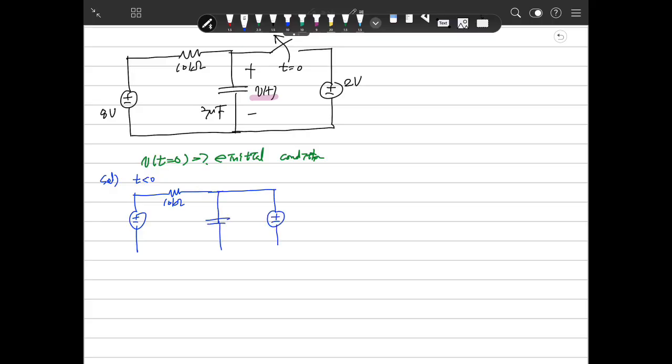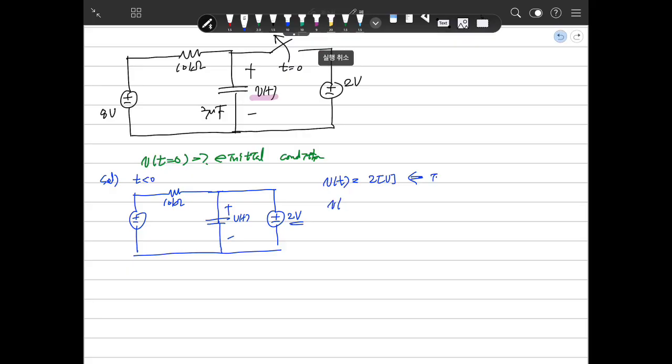There are 2 volt here. We don't need to get the solution over here, but we just need to know where the Vt will be. This is Vt. It is 2 volts. Why? This is a steady state.